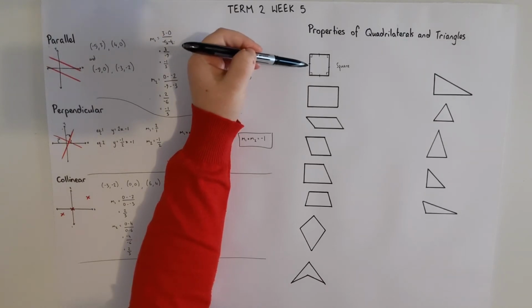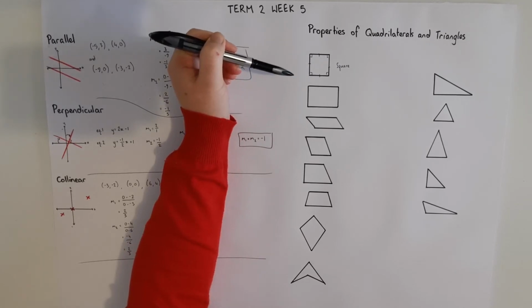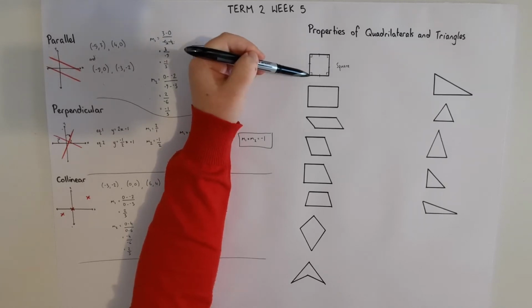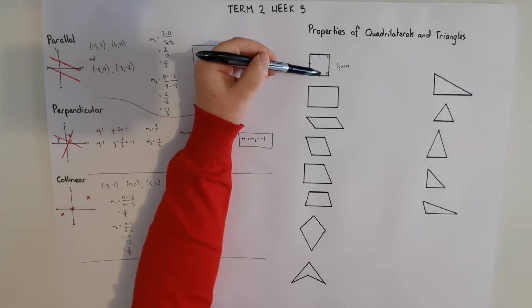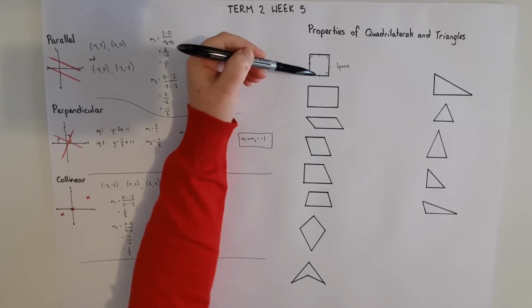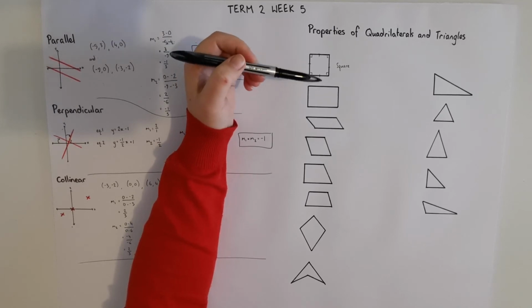So again, I'm going to go through these kind of properties for every shape. All sides are equal, all angles are equal, opposite sides are parallel. When I say that all sides are equal, note that you can test what those lengths are if you have the coordinates by identifying the length, which we did in lesson 1 of coordinate geometry.